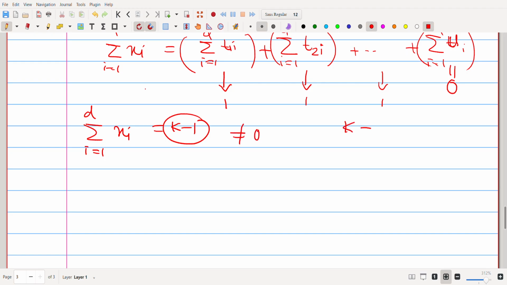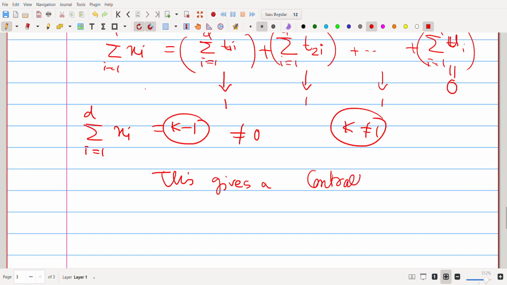Because k is definitely not equal to 1. If k equals 1, then we have already proved it, so there is nothing to show. So we assume the dimension of F is at least 2, that means k is not equal to 1. That means the summation of xi is k minus 1, which is non-zero. Hence this gives a contradiction.